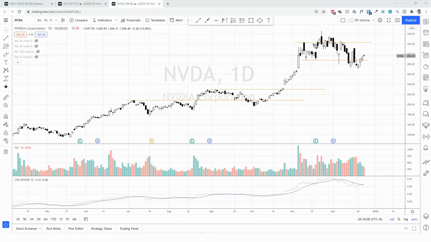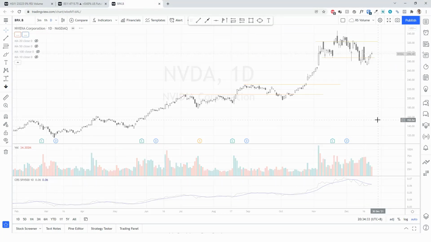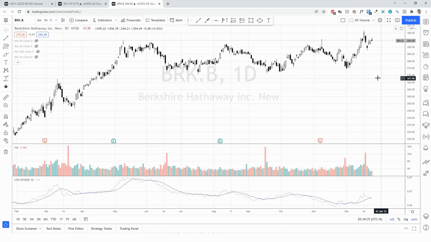Certainly there is all this overhead resistance ahead from here on. So generally I have a bearish view for NVIDIA because I definitely think it needs a bit more correction, maybe somewhere around here. I think it can develop its own structure from there on. Okay, so that's NVIDIA.